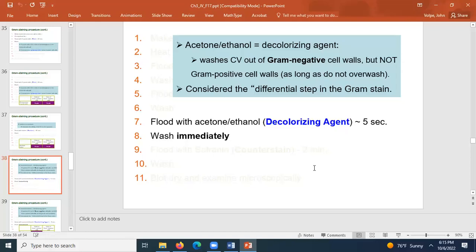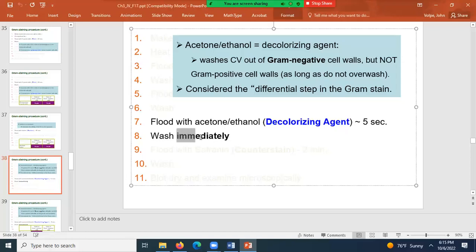You should then dump the acetone ethanol off, and then wash immediately with cold water. I never stated before to wash immediately, because it's not important on all the other steps whether you wash immediately or not.